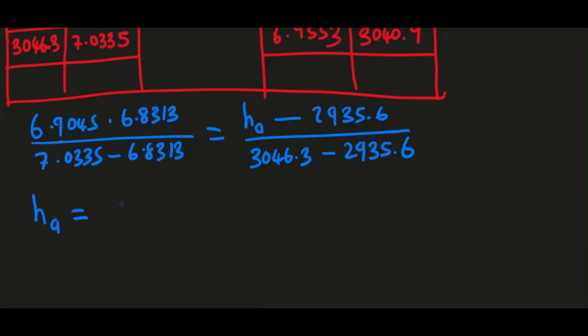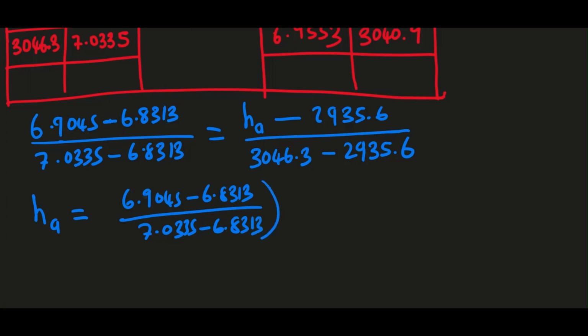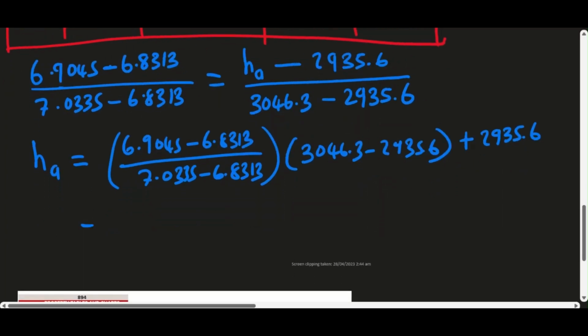This will be equal to 6.9045 minus 6.8313 divided by 7.0335 minus 6.8313, all of these multiplied by 3046.3 minus 2935.6, plus 2935.6, and this will give me the HA value.